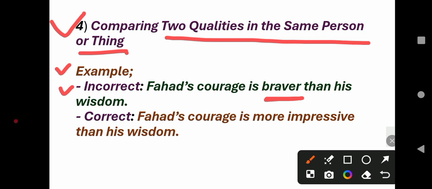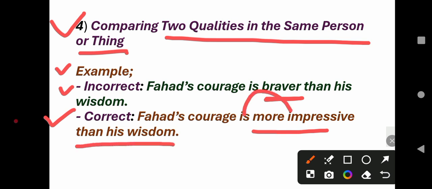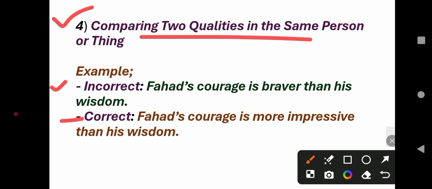Instead, we use the comparative form with more because we are comparing two qualities in the same person. So the correct one is, Fahad's courage is more impressive than his wisdom. So in this example, we are comparing two qualities, courage and wisdom, in the same person, Fahad. We use the comparative form with more to make the comparison.